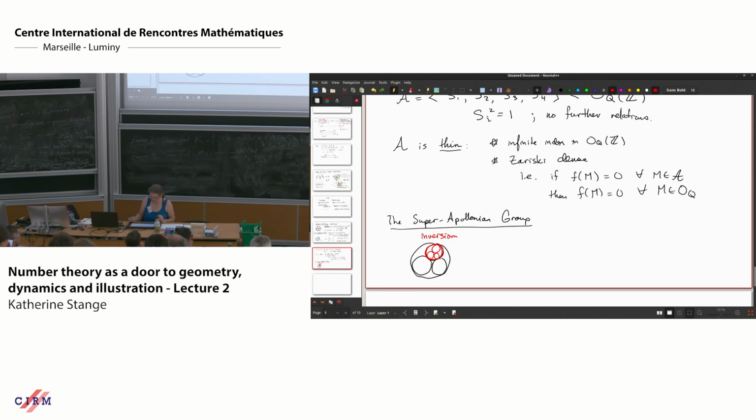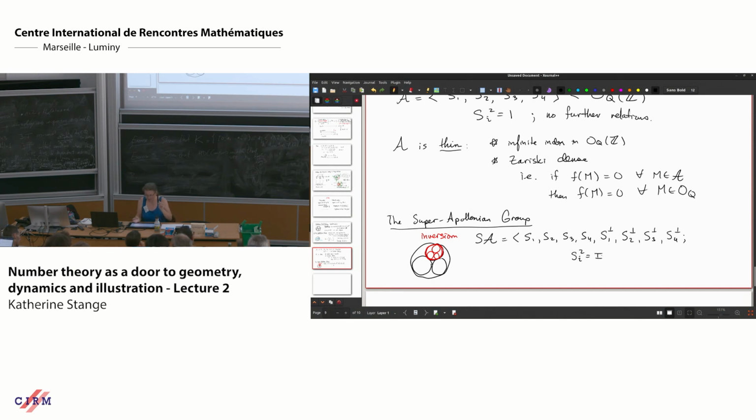All right. And maybe it's a fun exercise to write down the matrices for that. But this super Apollonian group, let's call it SA, the presentation now, you have the original Apollonian group, and then these swaps I'll write like that. And maybe I'll write it as a presentation, right? We've got some relationships.